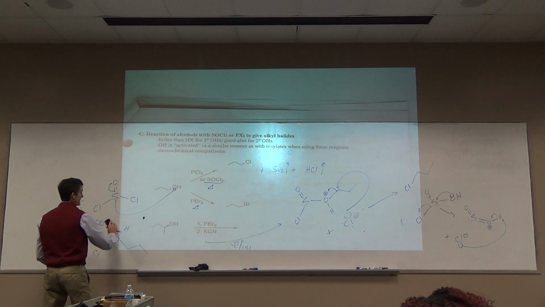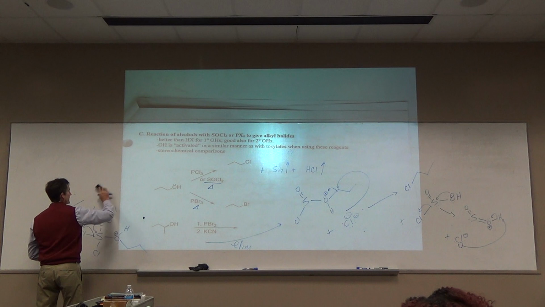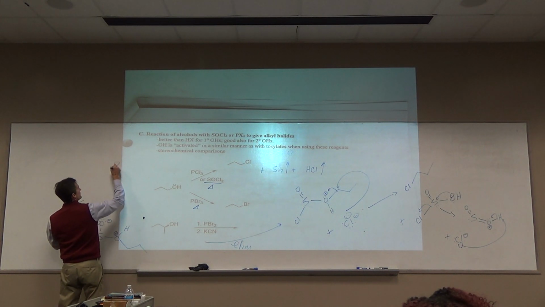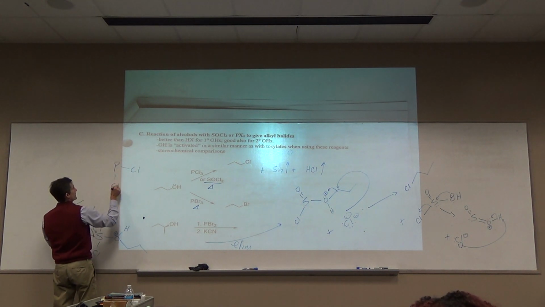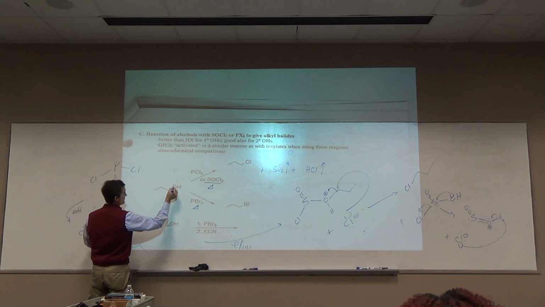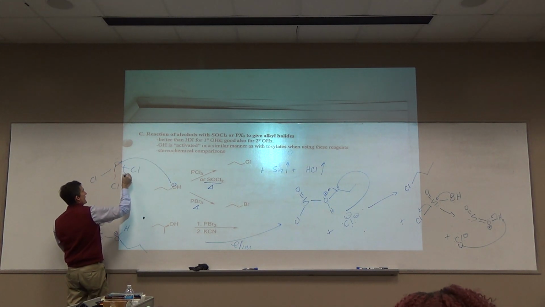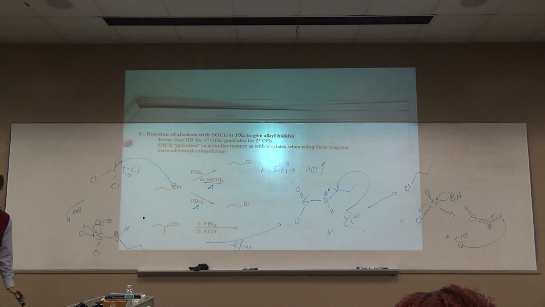All right, the PCl3, PBr3, that's just phosphorus with three chlorines or three bromines. I'm not going to go into too much detail, but this is probably attacking. It's probably more like an SN2.